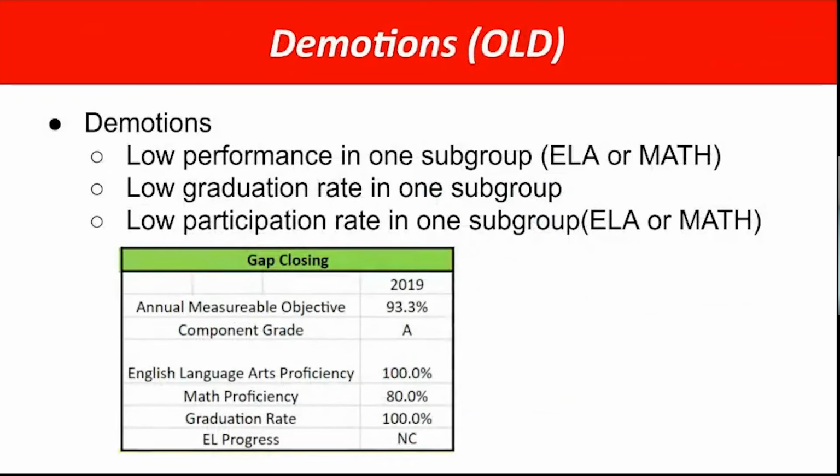Now, that being said, let's talk about demotions, because this is an area where demotions were fairly common because there was quite a few things that you could get a demotion for. The first thing was if any one of your subgroups had a low performance in their ELA or their math. And a low performance was defined by below 60% or below 60 as far as that individual goal.